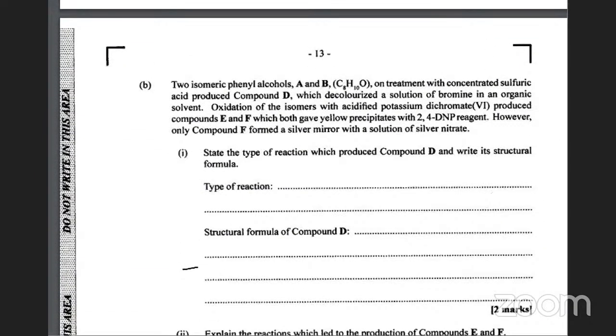And this one now will take some reading. Just a second. All right, so two isomeric phenyl alcohols, A and B, C8H10O.